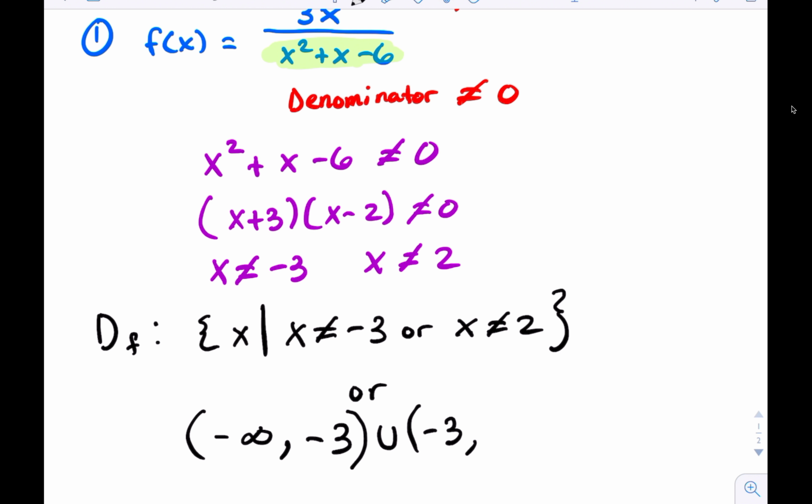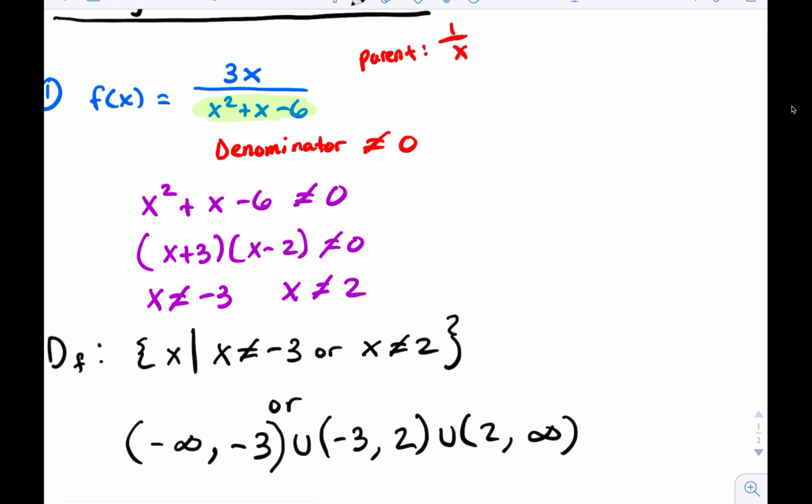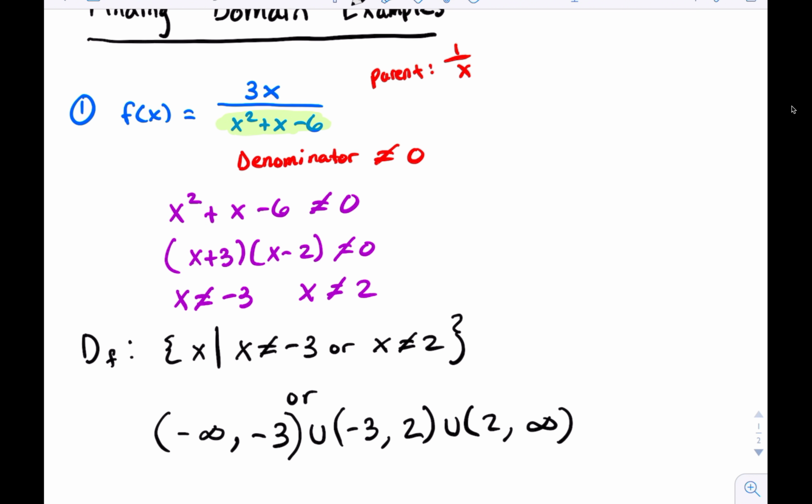So I'm going to go from negative 3 to 2, jump over 2, and then start over again towards infinity. Both of those notations mean the same thing. They're just written different ways. So whenever you have a rational function, always work with the denominator.